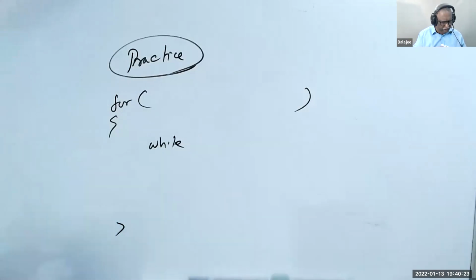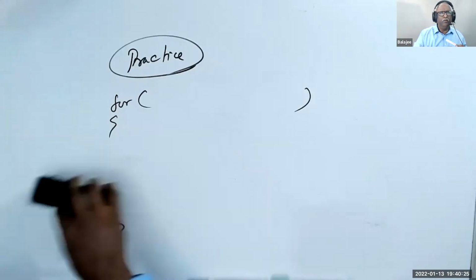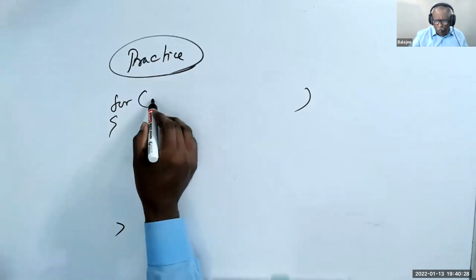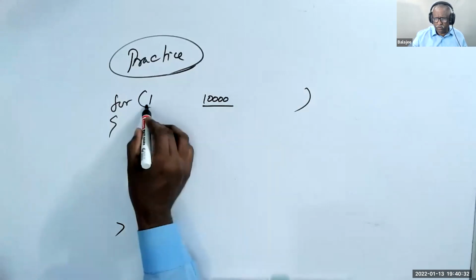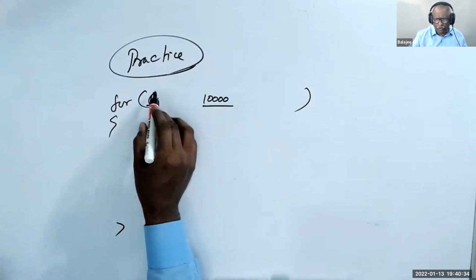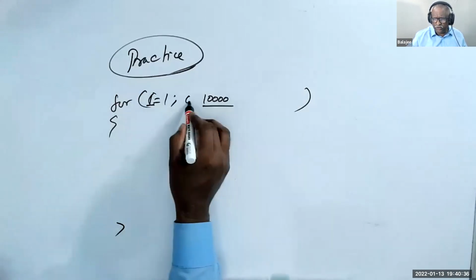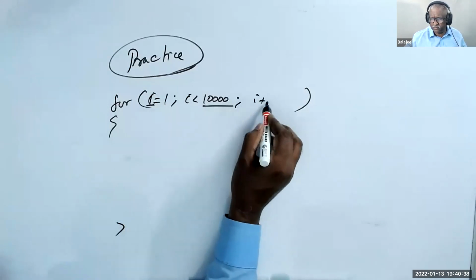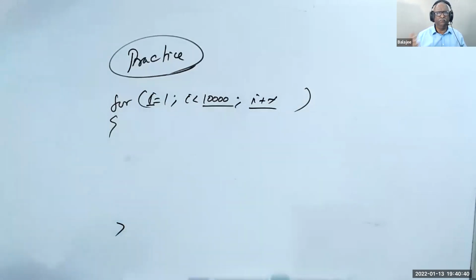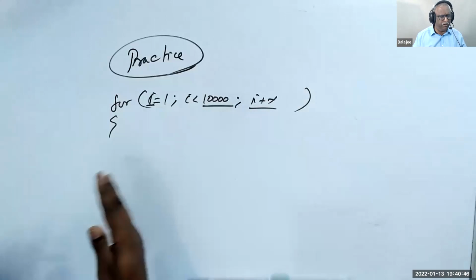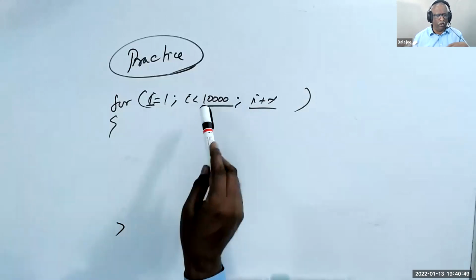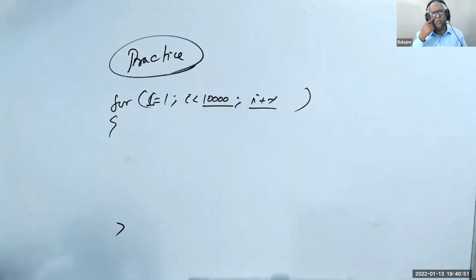But please understand one thing. For example, I am checking from 1 to 10,000: i equals 1, i less than 10,000, i plus plus. Simple. If you don't know for or while, please wait another half an hour. In the next session, I'll explain for and while. Doesn't matter.